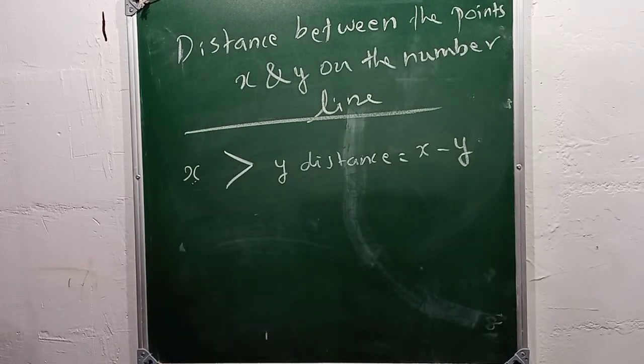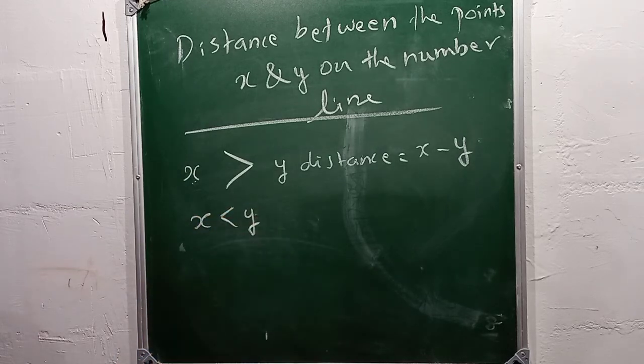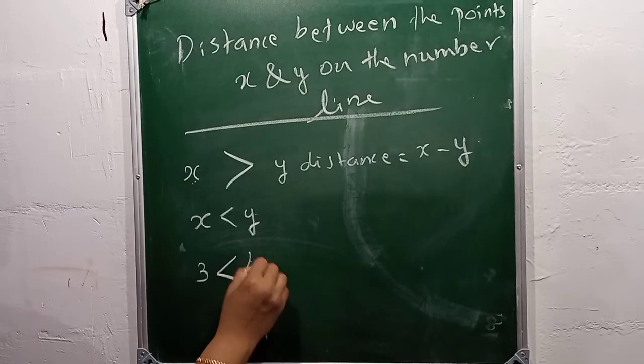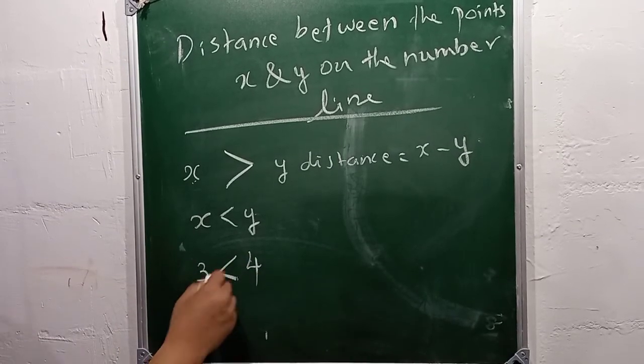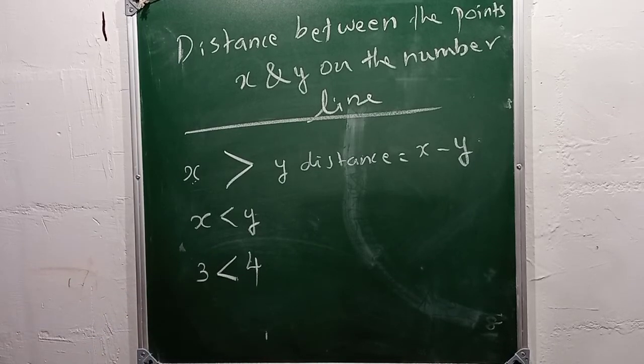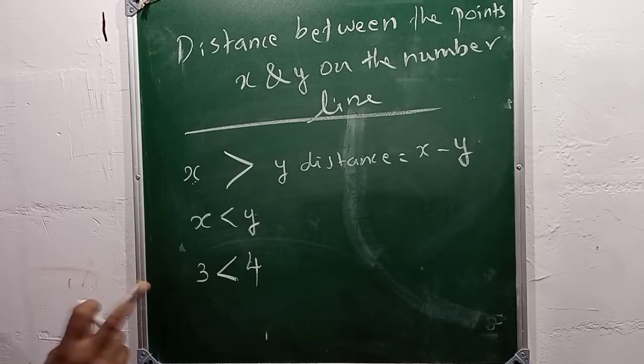Then what about if x is less than y? That is, 3 is less than 4. Right? Then what about the distance between 3 and 4? We know that 1 itself is the distance between 3 and 4.